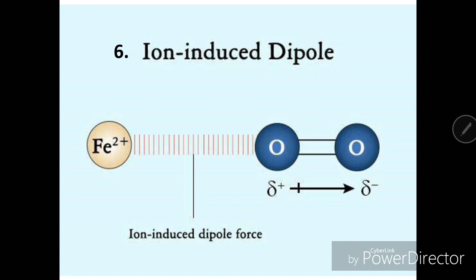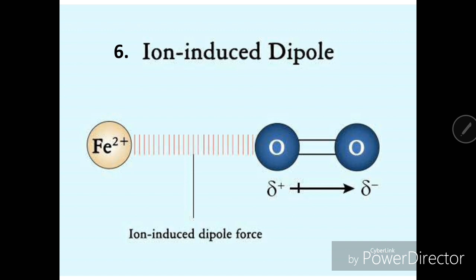The next type of intermolecular force is ion-induced dipole interaction. As the name indicates, one of the species is an ion, maybe a cation, maybe an anion, and the other species is a non-polar species. For example, Fe plus 2 interacting with the oxygen molecule. Fe plus 2 is a cation, and the oxygen molecule is non-polar, because the oxygen atoms have the same electronegativity and a symmetrical distribution of electron cloud.